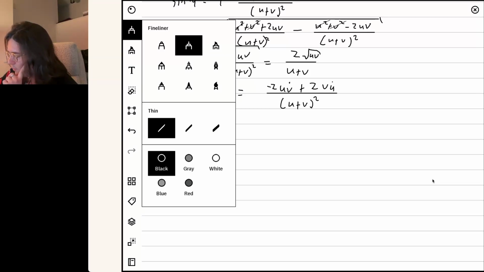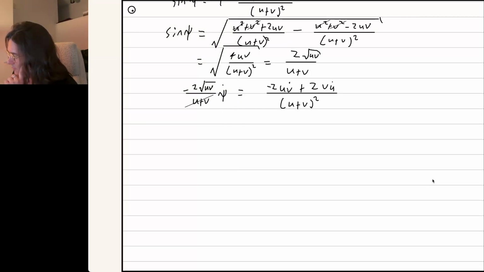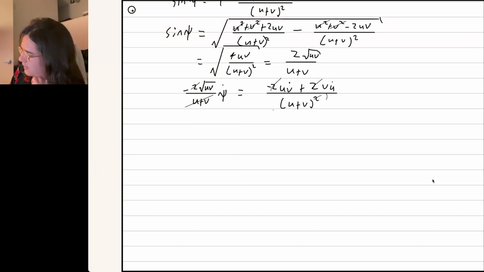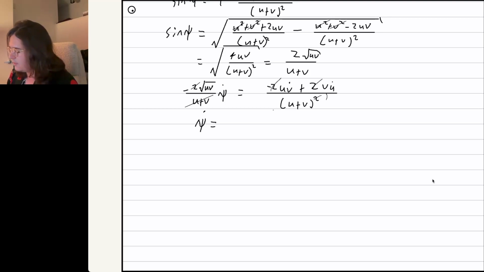So we'll be able to cancel out one of the powers of u plus v from the left-hand side. So that's going to be 1. Everything has a factor of 2, so we'll cancel out 2 as well. Then we'll move the minus sign over to the right, so that we have a final form of psi dot in terms of u and v, which is psi dot equals v u dot minus u v dot divided by u plus v times the square root of uv.